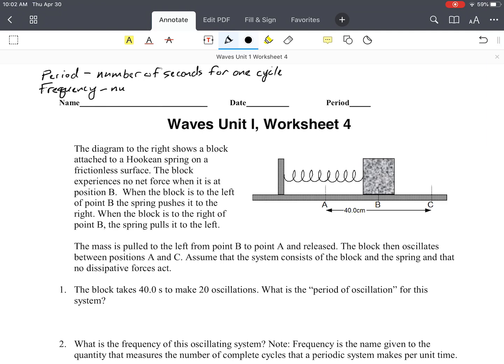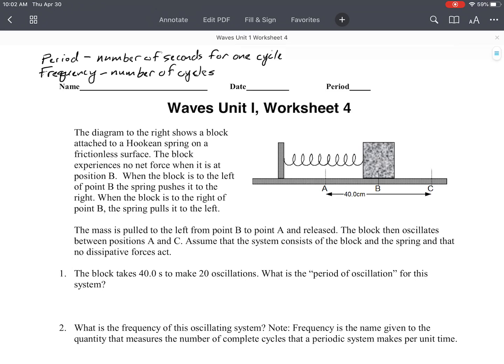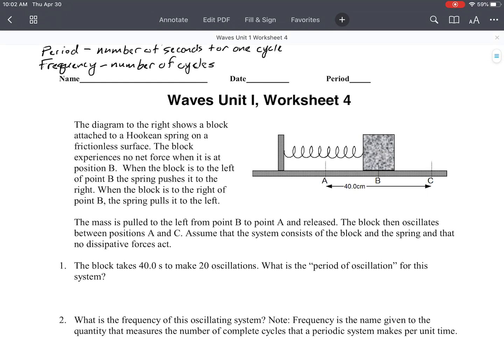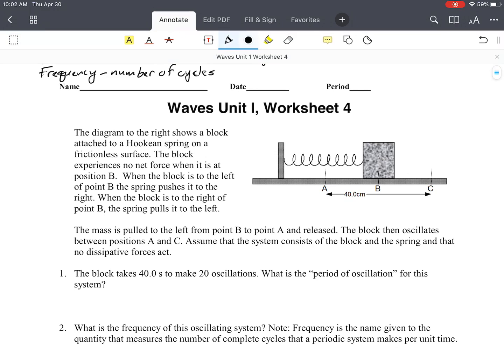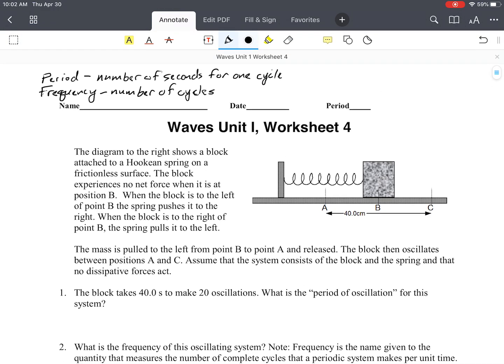It is the number of cycles for one second.